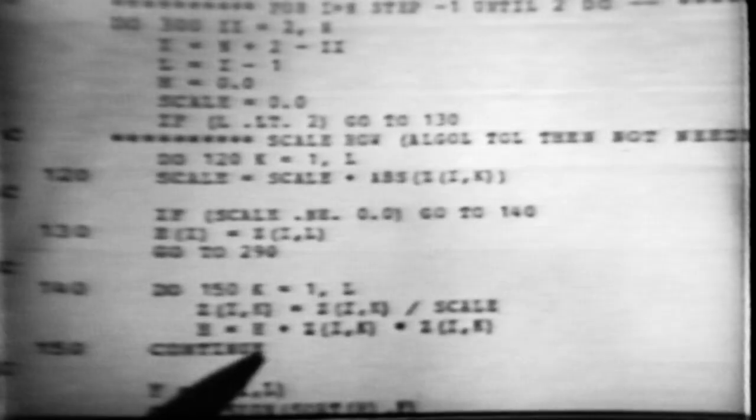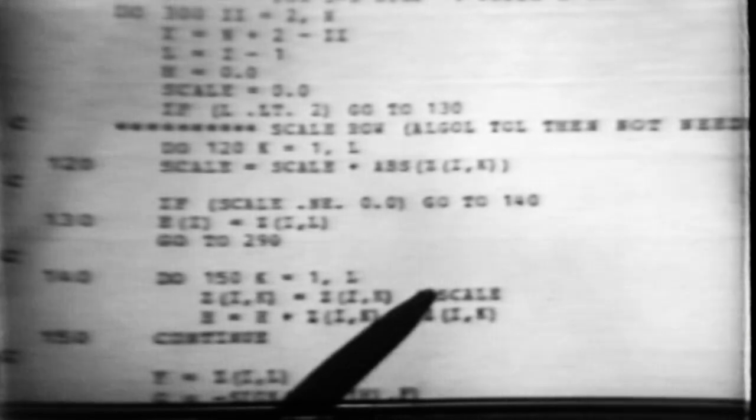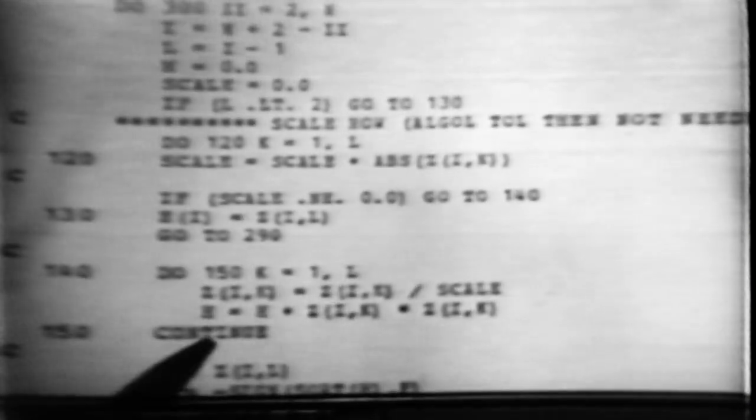If the last row is in fact 0, then we can skip the transformation because there's nothing to annihilate. If it's not 0, then we're going to have to do it. We take the last row and divide it by that scale factor and then accumulate the sum of the squares. So h at this point is the scaled length of the last row.